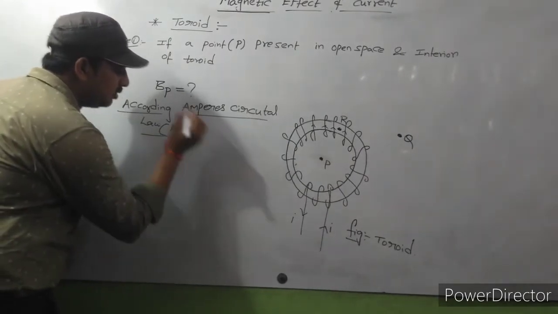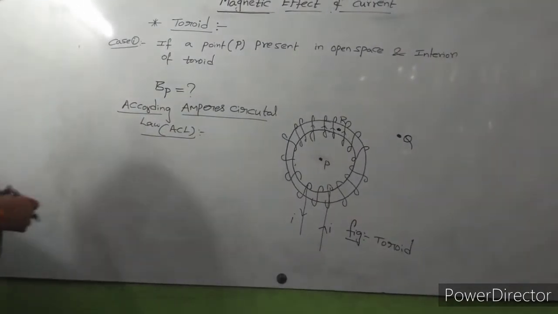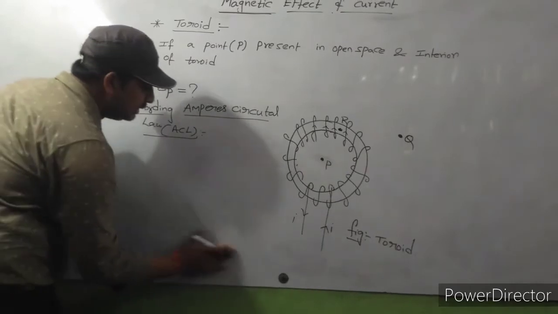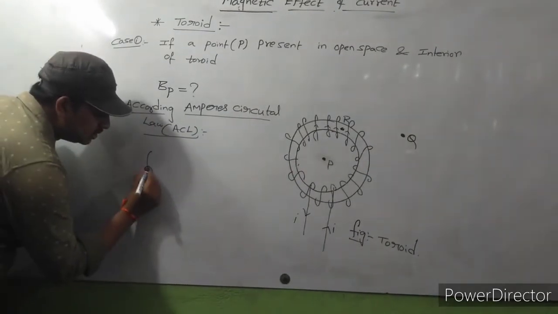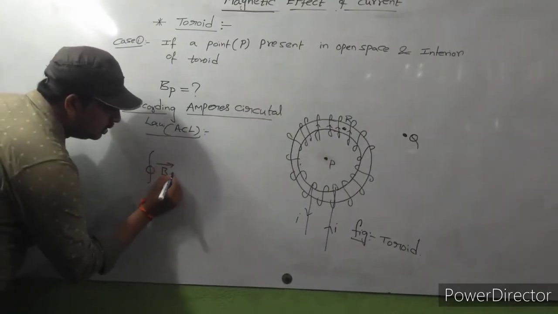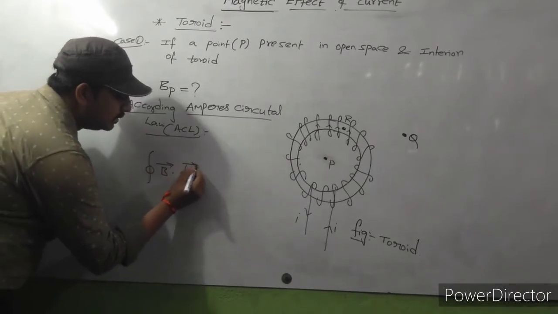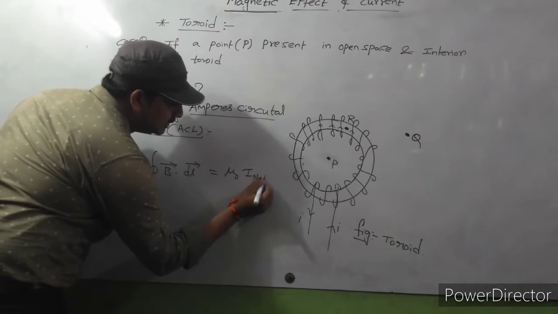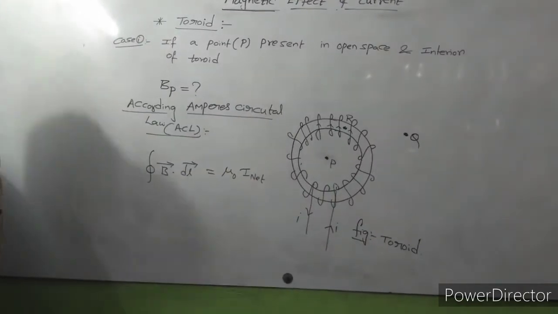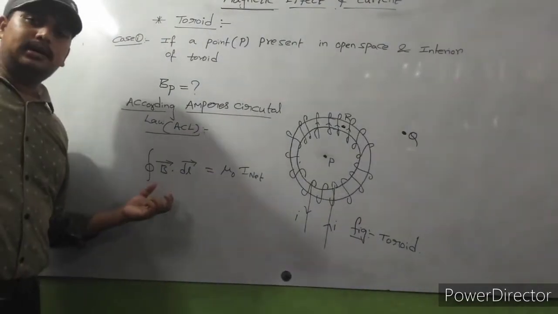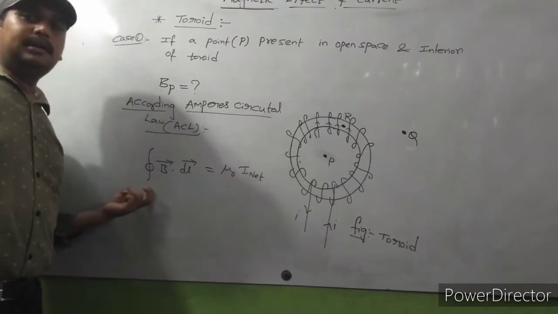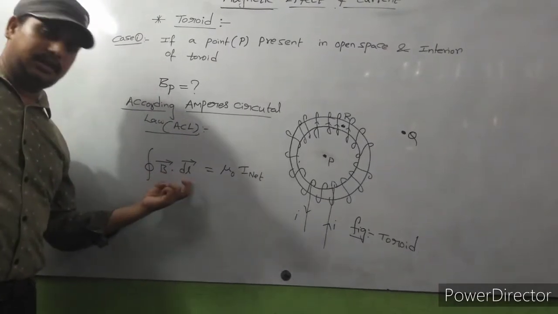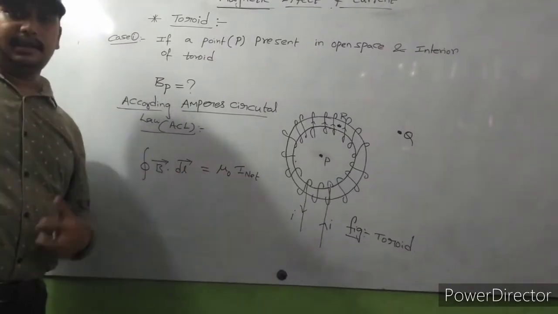What is the statement of Ampere's circuital law? Generally it is indicated with the line integration of B bar dot dl bar is equal to mu naught into I net. This is the mathematical notation of Ampere's circuital law.